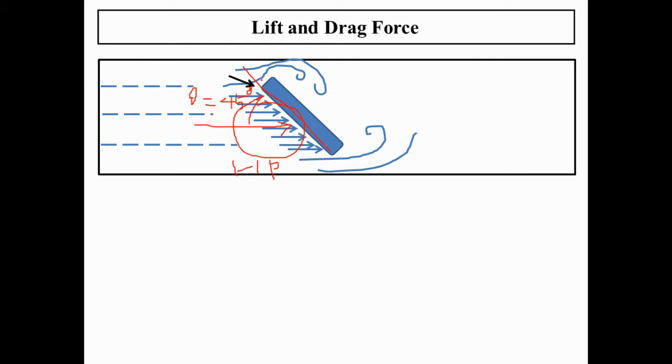But at the same time, the flow gets separated here, and this is a low pressure region, because the turbulent wake is there. So we have a high pressure and a low pressure region, and the net resultant force will act in this direction.